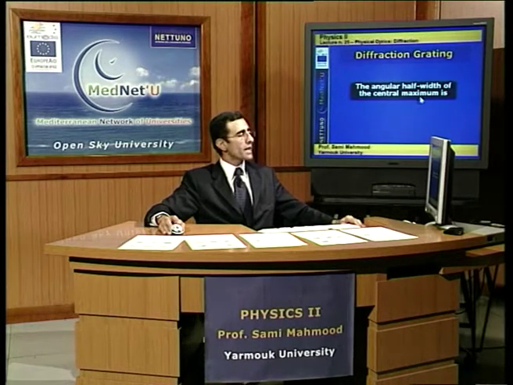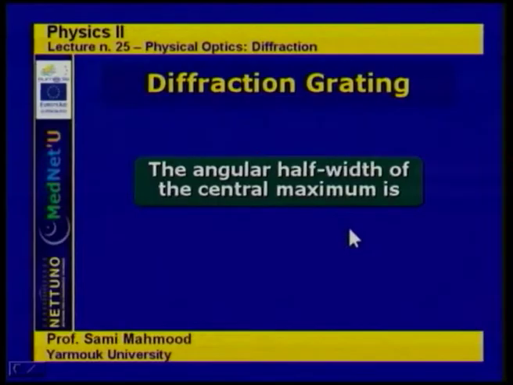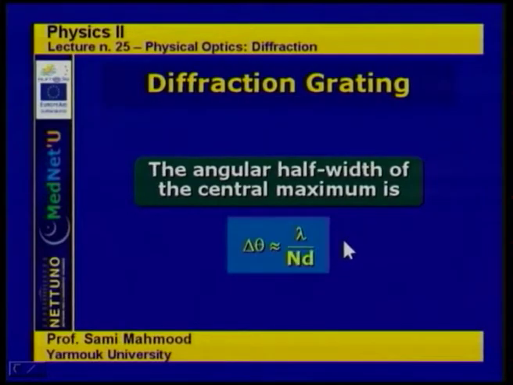Now, as for the angular half-width of the central maximum, the half-width Δθ is accordingly equal to λ over Nd.